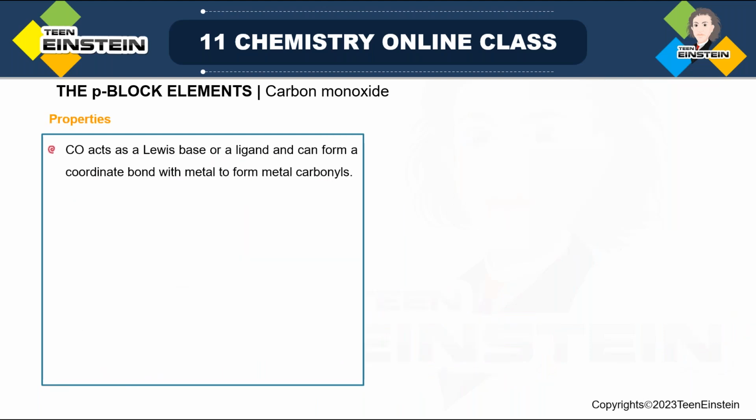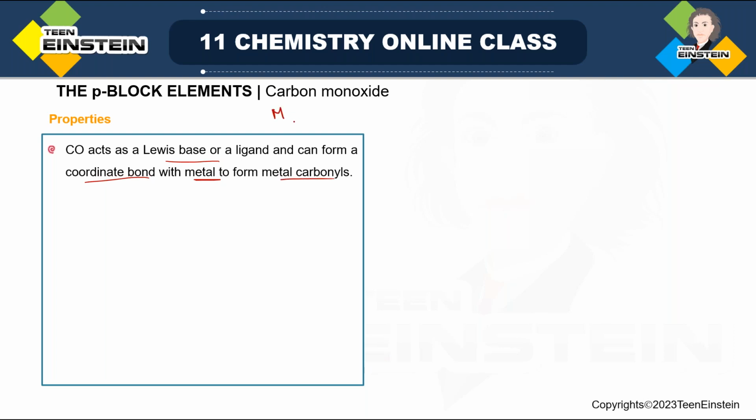So a property of carbon monoxide is that it acts as a Lewis base or a ligand. That means it can also act as a ligand. The reason is the same. There also you will see it is through the carbon side, not through the oxygen side. And it can form coordinate bonds with metals when they are forming metal carbonyls.